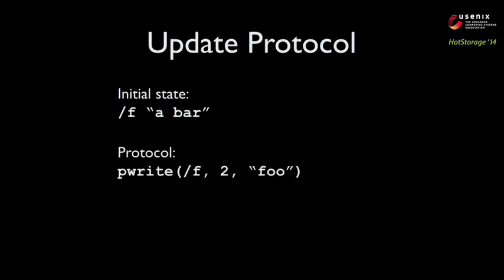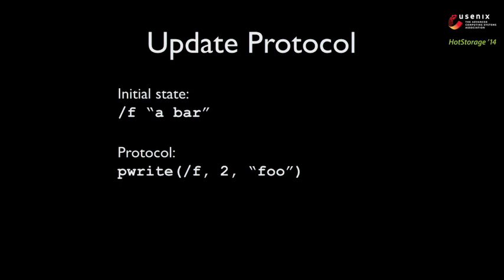So let's say we want to do something simple. I'm going to describe an application update protocol. So let's say there's a file called /f on disk, and it has in it the string bar, okay? And let's say we want to update that. So in fact, we want to just update the 3 characters bar to foo, because that's what we do as computer scientists.